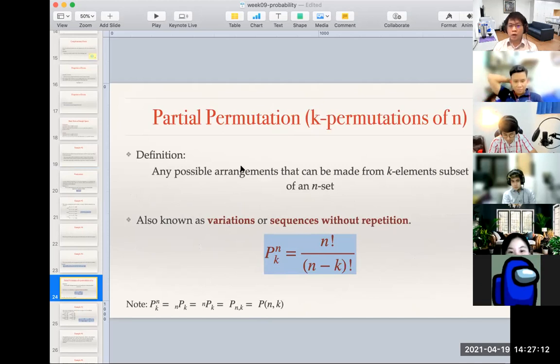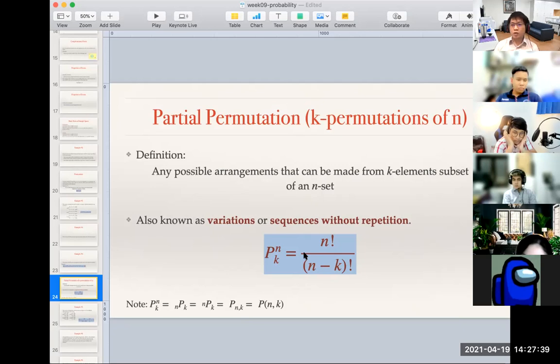So the formula for k-permutations of n, k elements out of an n set, will become n factorial divided by (n minus k) factorial.